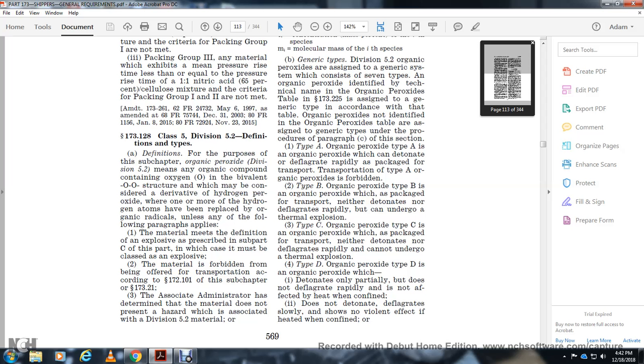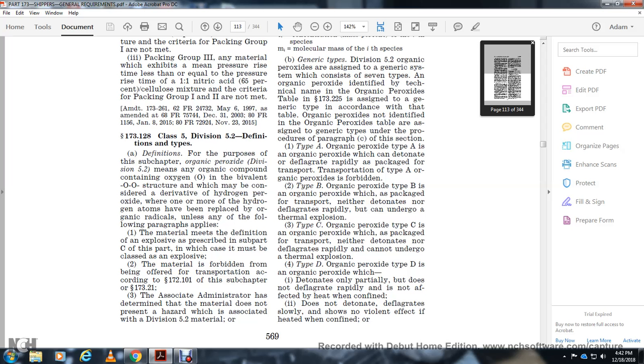Type B organic peroxide is an organic peroxide which, as packaged for transportation, neither detonates nor deflagrates rapidly but can undergo a thermal explosion. Type C organic peroxide is an organic peroxide which, as packaged for transportation, neither detonates nor deflagrates rapidly and cannot undergo a thermal explosion.